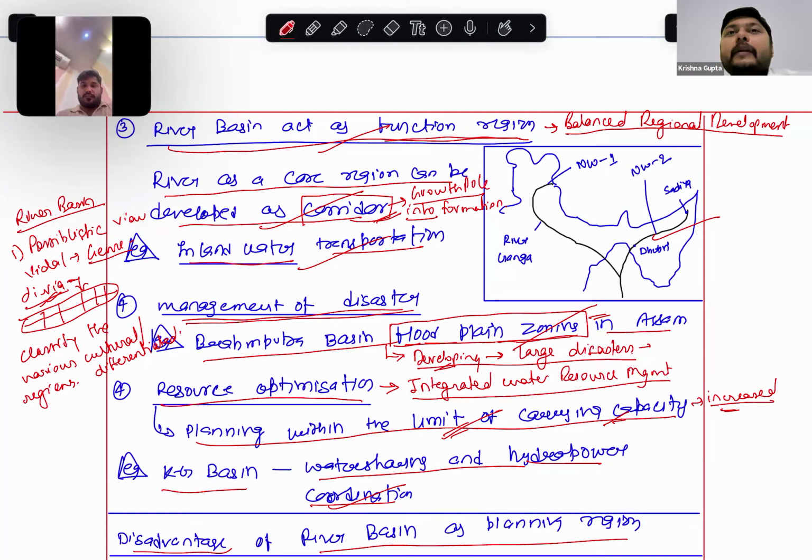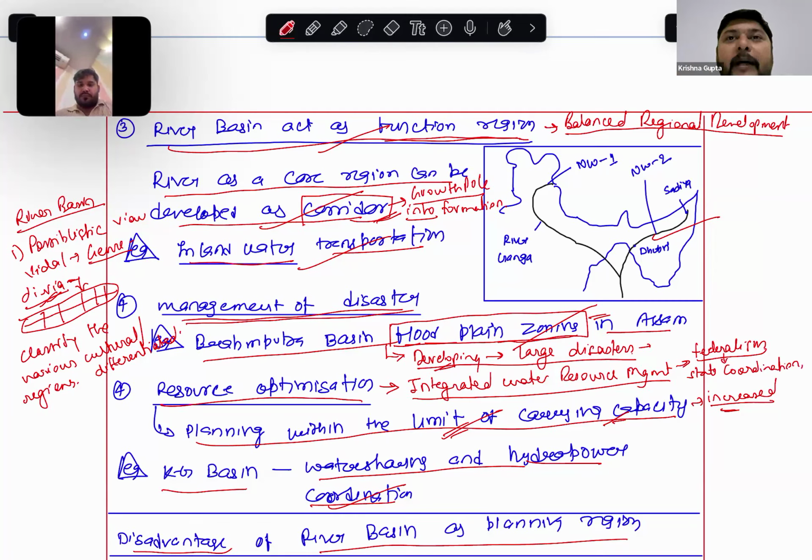So integrated water resource management से क्या होगा कि we will be having a coordinated work with respect to the different states. So इससे we will be having a part of फेडरलिज्म में यहाँ पे हमें हेल्प होगा. ओके, फेडरलिज्म में लाइक स्टेट कोऑर्डिनेशन. So this can be taken up here.